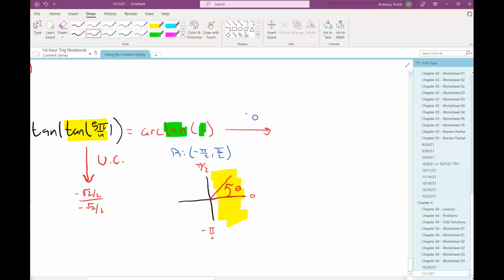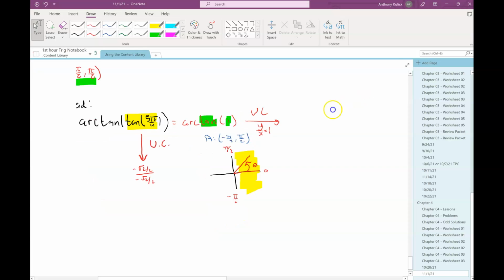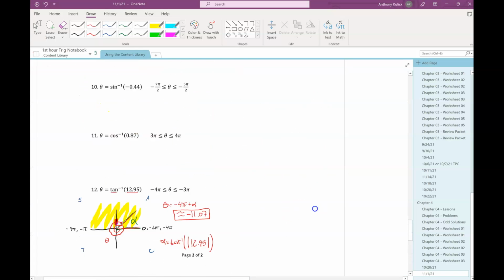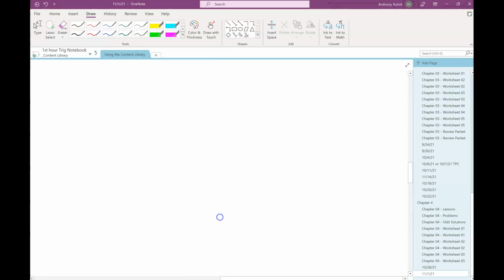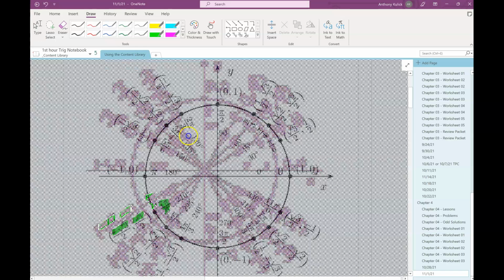So again, I'm going to go to the unit circle, and I'm going to look for the place where y over x gives me 1. That's basically going to be the place where the x and y coordinates are the same. So I think I have that already in here from before. Where is my unit circle? There you are.